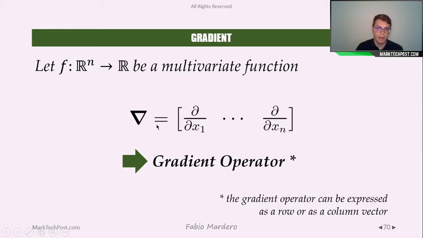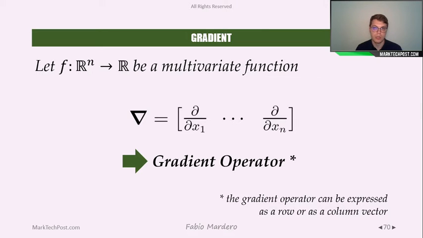This symbol is said to be nabla, a Greek symbol, and is also written as the gradient operator. The gradient operator can be expressed as a row or column vector. It depends. Here I use the notation of row vector, but we will see in a minute that using column vectors could simplify the notation sometimes.